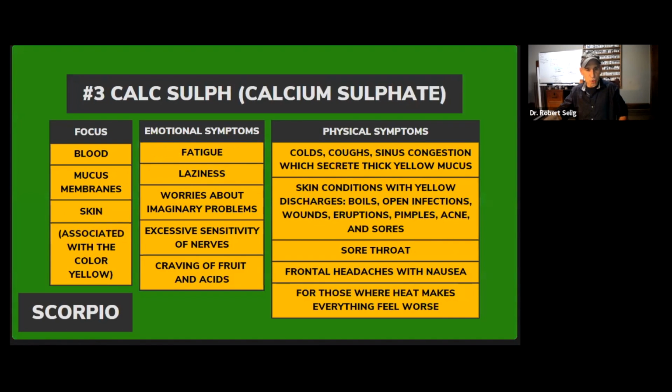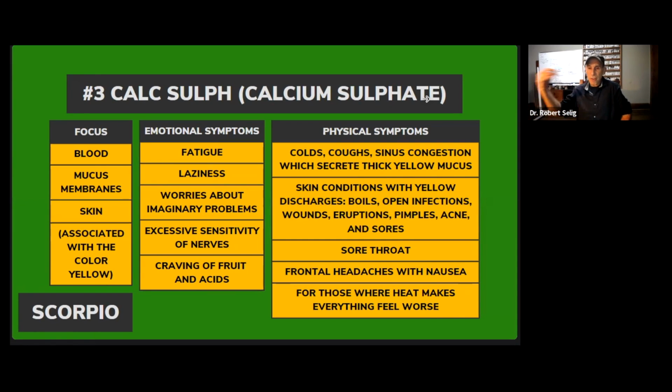Now, another great remedy is calcium sulfate. So when you see sulfur, think sulfation. Sulfation has a lot to do with the liver. So when a lot of liver toxins are building up in us and the body can't get rid of the toxins in a nice fashion, the liver toxins will build up and start to show themselves in the skin.